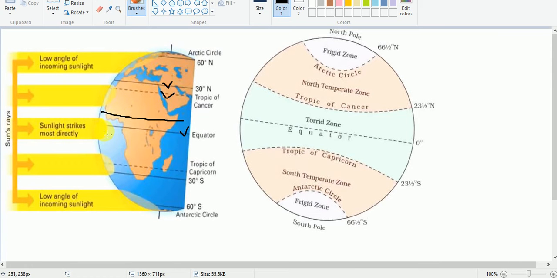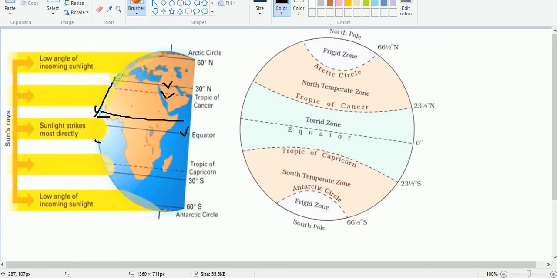We have learned that along the equator we find almost vertical rays of the sun. And if we move away from the equator towards the pole, then the sun's rays are inclined. See here, this is a tangent, and the angle formed here is not 90 degrees, it is less than 90 degrees.